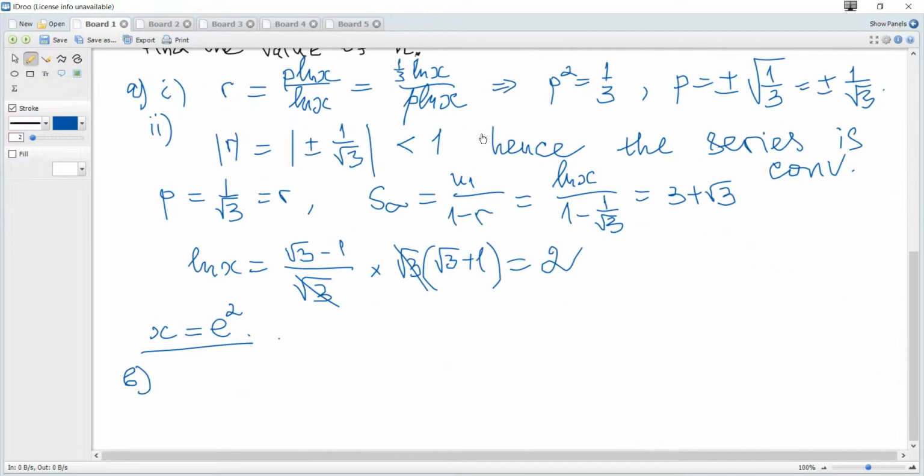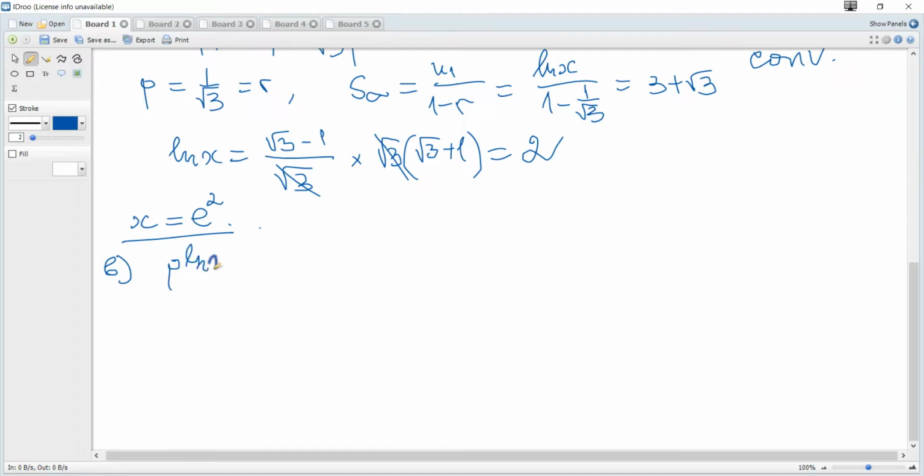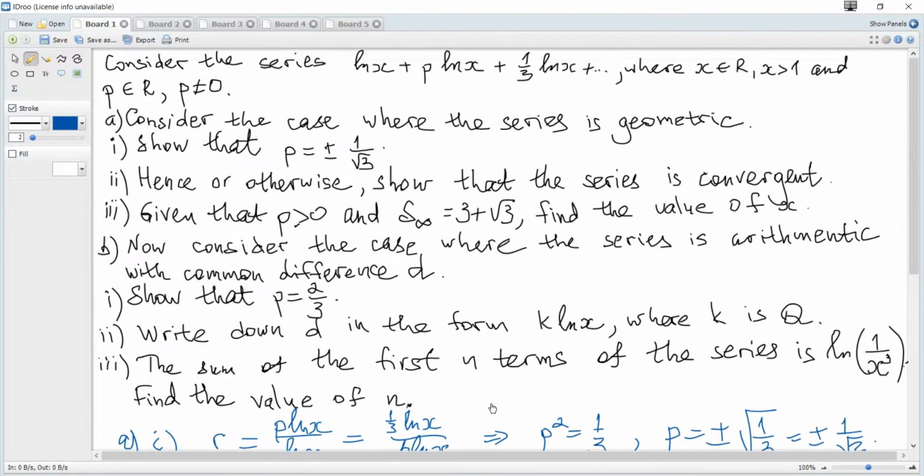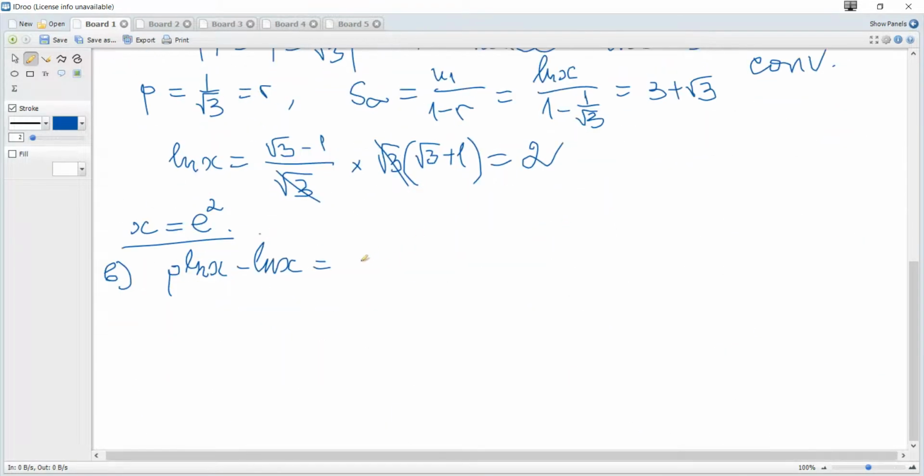So p ln x minus ln x must be equal to 1/3 ln x minus p ln x, and it becomes 2p ln x, and we can divide each term by ln x, and hence we get 2p is 1 plus 1/3, so it's 4/3, hence p is 2/3 as required.